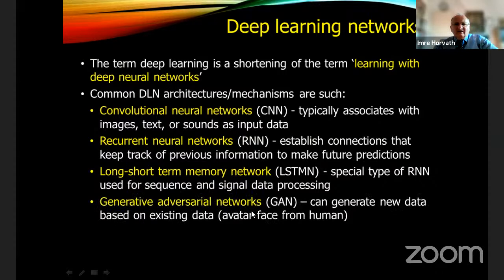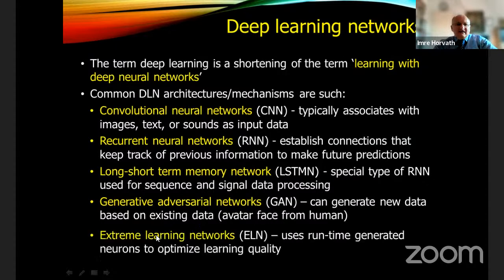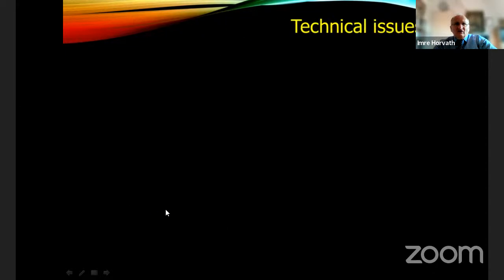Generative adversarial networks, we heard about them. They can generate new data based on existing data, avatar traits from humans, for instance, as an example. And the extreme learning networks use randomly generated neurons to optimize learning quality. So there are plenty of implementations of deep neural networks, and many of the concepts were imported from the traditional field of machine learning.